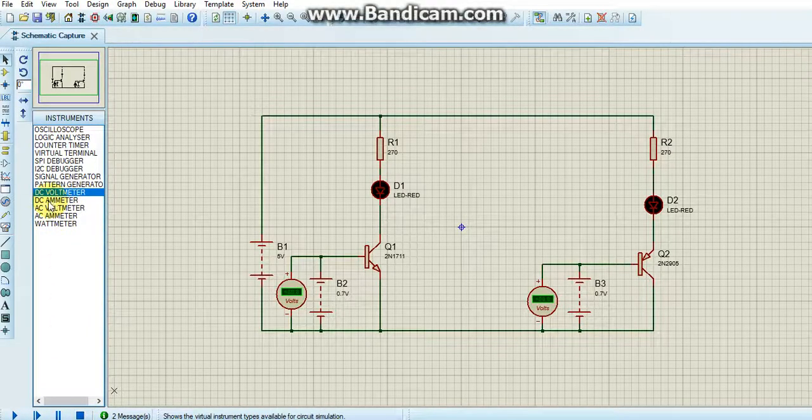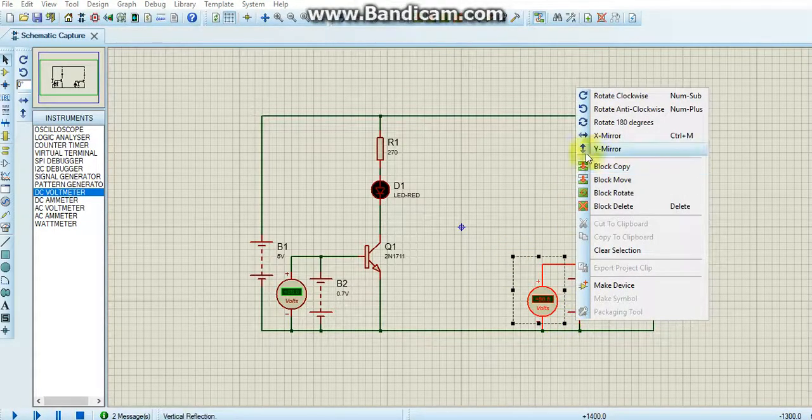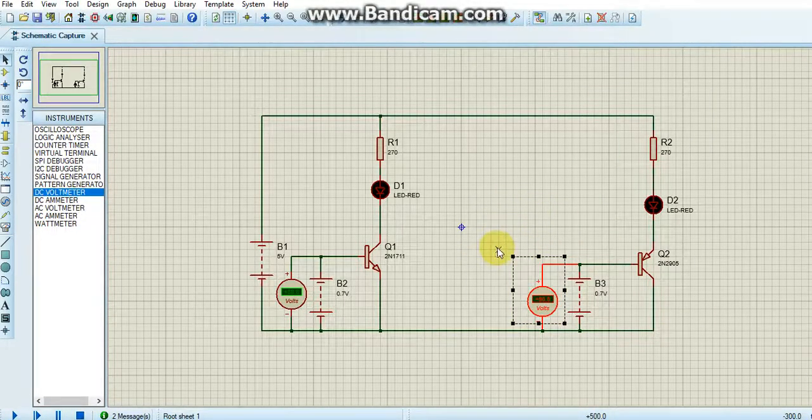Let's get a voltmeter. We need to copy this voltmeter.